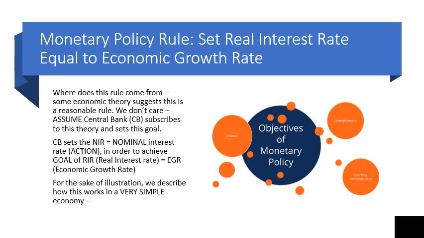So we're going to construct an extremely simplified, hypothetical example, where the monetary policy authorities decide that they should set the real interest rate equal to the economic growth rate of a certain economy. This is for the purposes of our example. It's actually considered to be a reasonable rule in some theories of economics, but we don't really care about this.